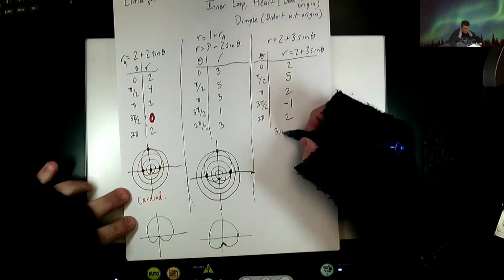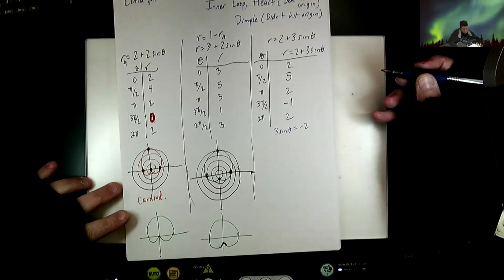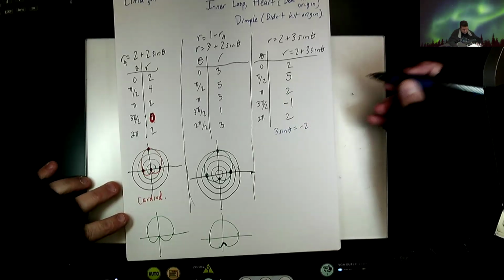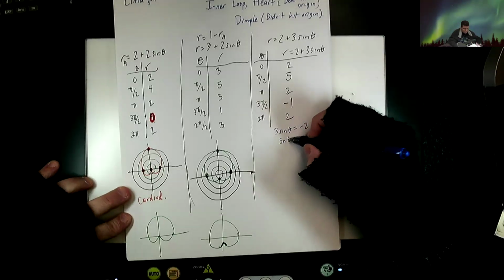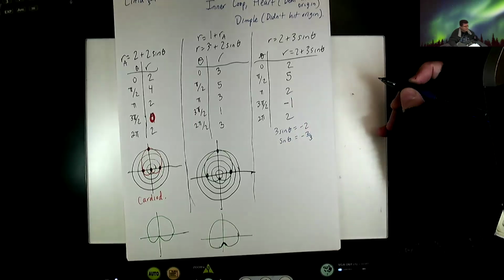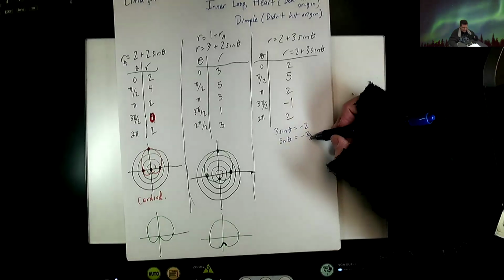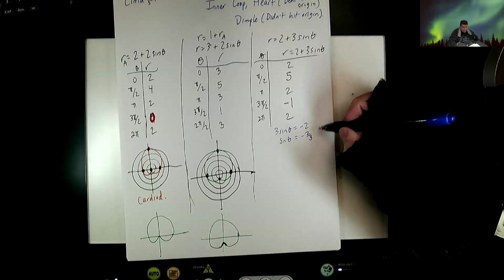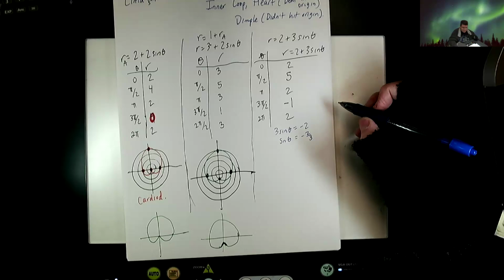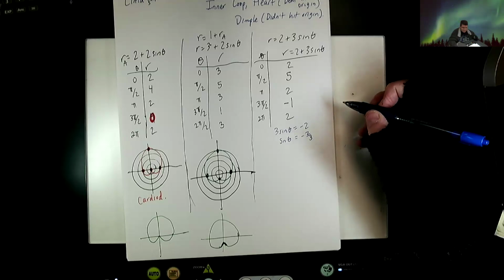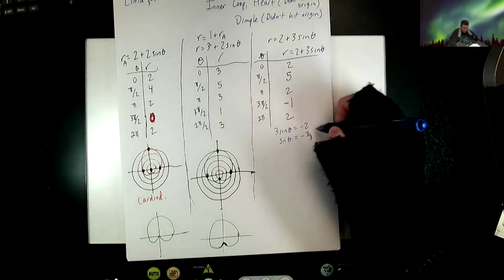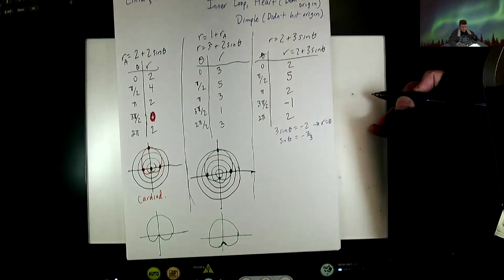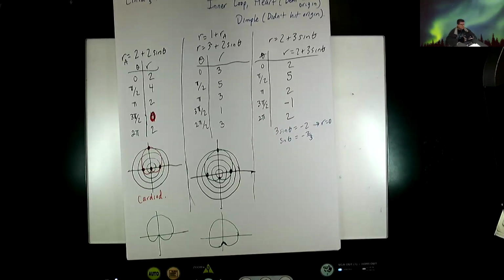Does 3 sine theta ever equal -2, where r is 0? There must be some angle. Sine theta equals -2/3, that's less than 1. So there must be some angle theta where we're actually hitting 0, because this setup would give us r equals 0. So sine inverse. Again, I'm getting negative 0.729. I don't have it in, but there's some value.